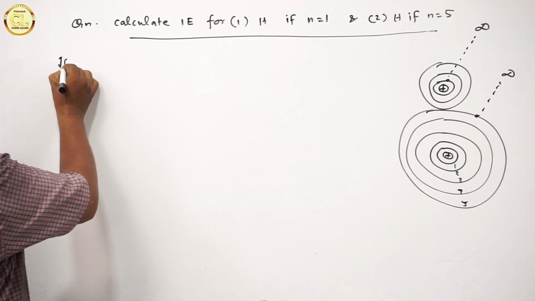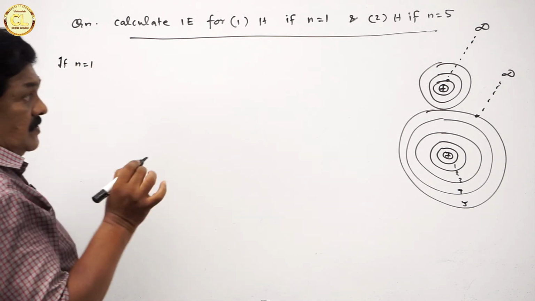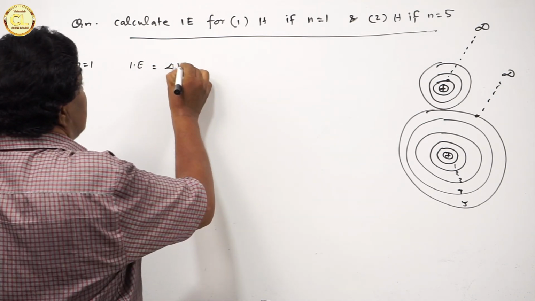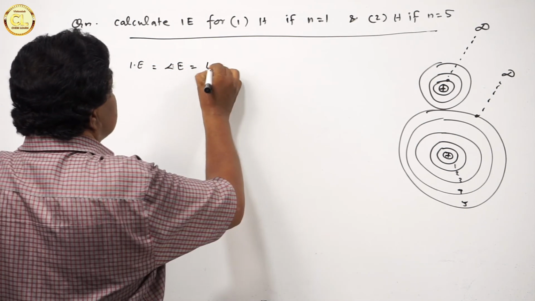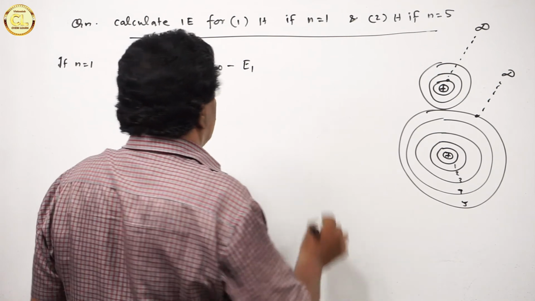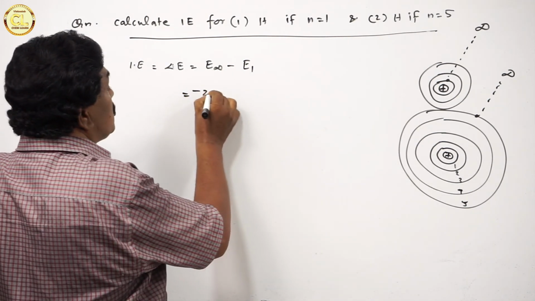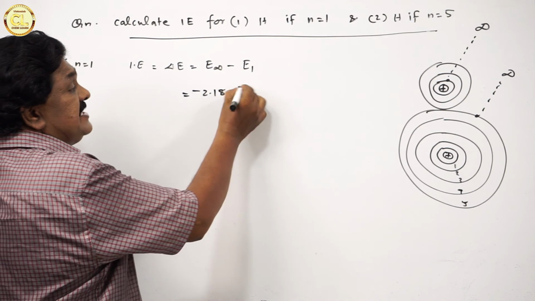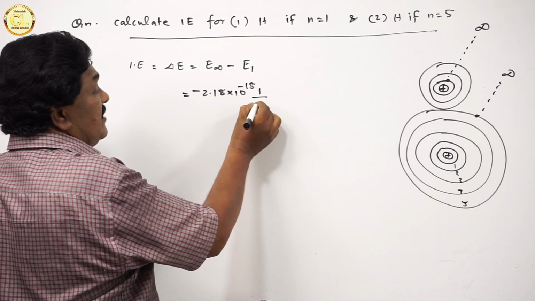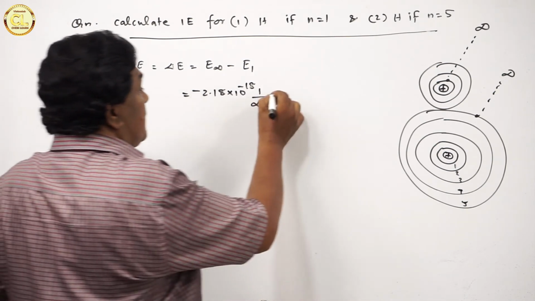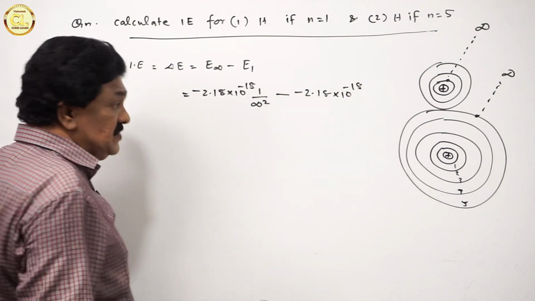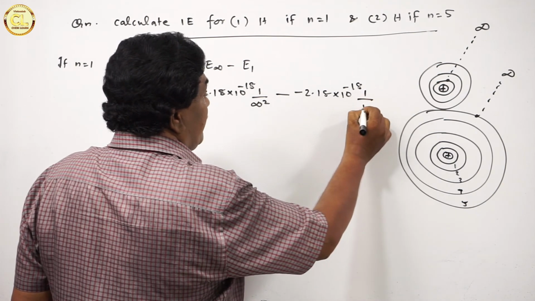If n is equal to 1, then ionization energy is expressed by the equation delta E is equal to E infinity minus E1, final state minus initial state, the first level. Substituting the values: minus 2.18 into 10 raised to minus 18 into Z, which is 1 for hydrogen, over infinity square, minus 2.18 into 10 raised to minus 18 into Z is 1 over first level.